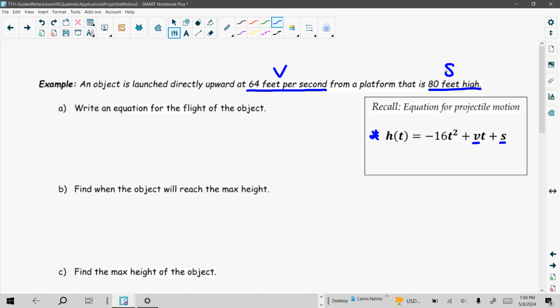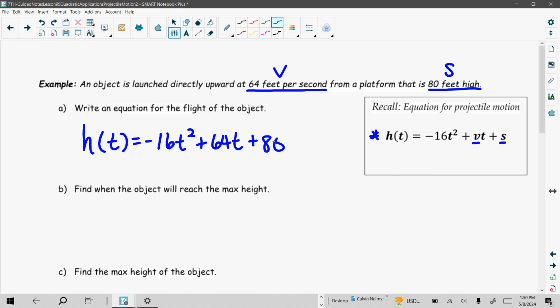So now we have our values that we're going to plug in. And our equation here would be h of t equals negative 16t squared plus 64t plus 80.